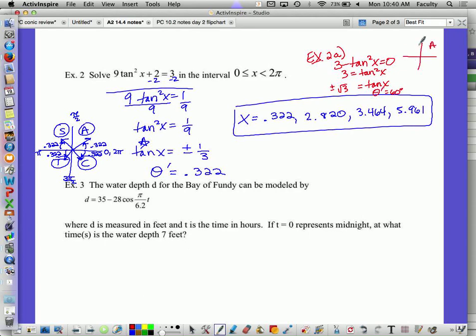Are you guys understanding that the plus or minus puts me in all 4 quadrants? Because you're going to have 4 answers. So this will be 60, 120, 240, 300, because I'm 60 degrees away. So that's pi over 3, 2 pi over 3, 4 pi over 3, 5 pi over 3.